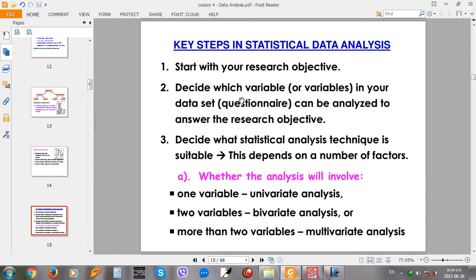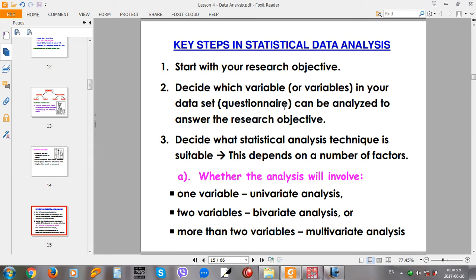Then decide which variable or variables in your data set or questionnaire can be analyzed to answer the research objective. There are some words used when we are doing research. Questionnaire means one of the data collection methods. There are several methods to collect data from others.